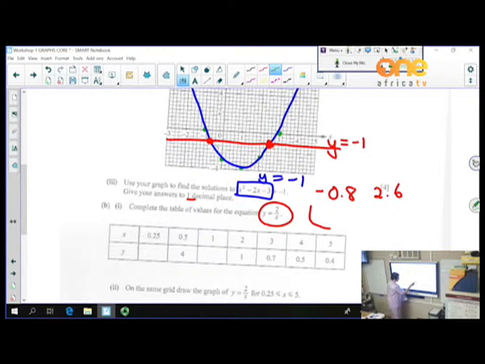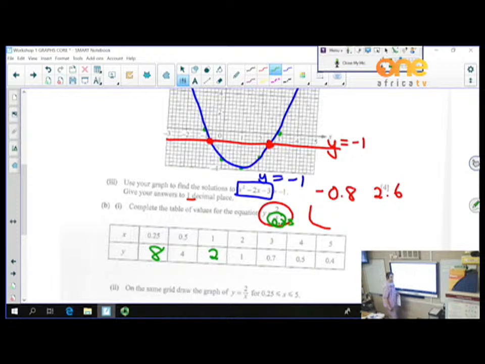So in the first place, we're going to substitute in x's place 0.25. So on your calculator, you can just say 2 divide by 0.25, and the answer is, what do you get? 8. Yes, 8. This one is easy. 2 divided by 1 is 2.